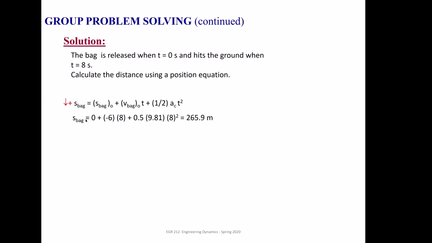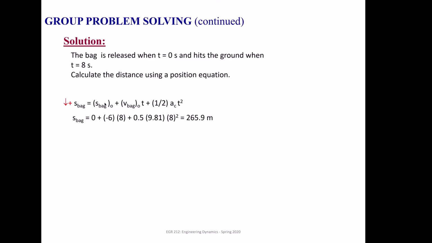So what we do is we say, in this case, we can define any direction we want, right? So we define positive direction being down, okay? And when we do that, you'll recognize that now acceleration is in the same direction as our motion, okay? So it's positive. So all we have to do is substitute in.